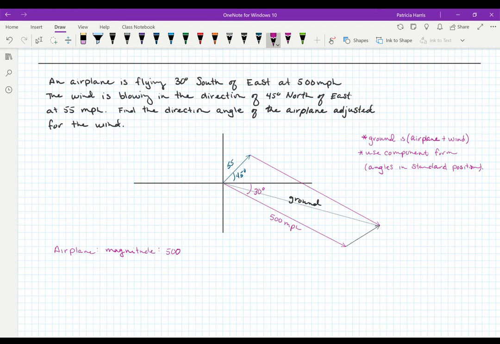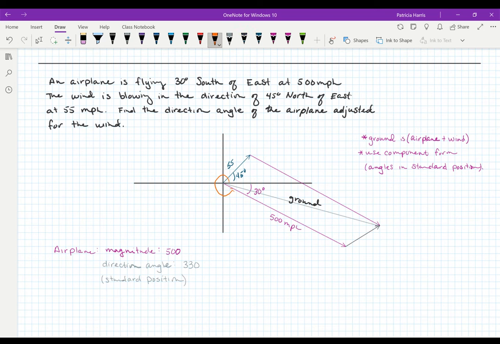In standard position, our angle would be 330, because remember, in standard position we want to go from the positive x-axis counterclockwise. Okay, we have to be in standard position. It's not too bad of a change for this one, but you do have to change it.